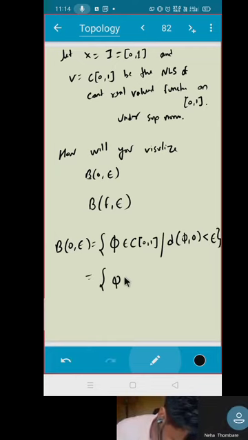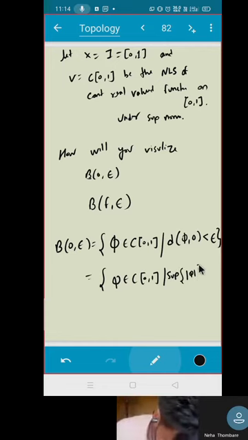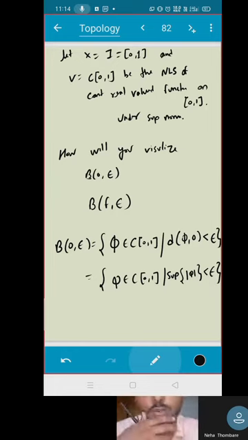But we are taking the sup norm, so it is just the subtraction phi minus 0. So it is the supremum of mod phi that is less than epsilon. What do you mean by that? Supremum of mod phi.